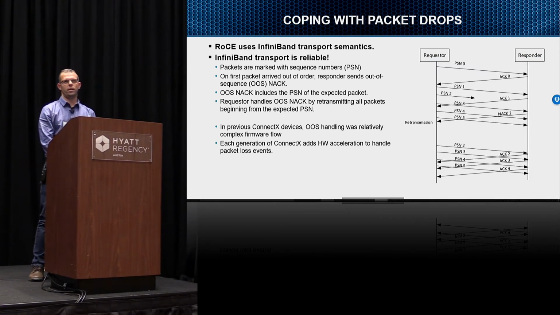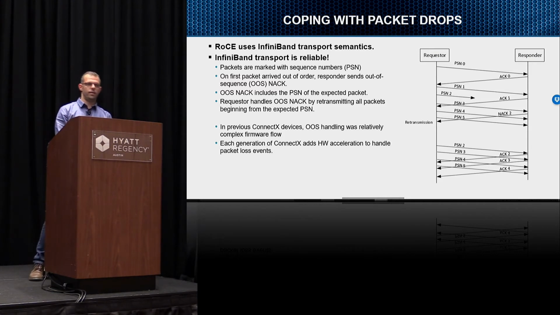This out-of-sequence NAK includes the PSN, the sequence number of the packet that was expected and did not arrive. So when the requester receives the out-of-sequence NAK, it simply retransmits the packets, starting from the packet that was expected and indicated in the out-of-sequence NAK packet.